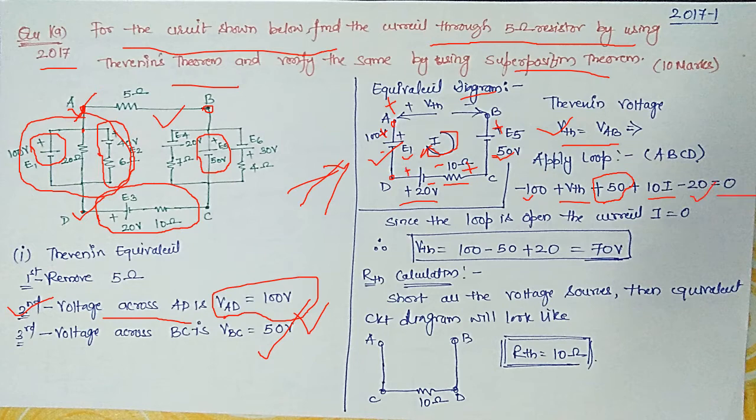Now if you simplify this expression, you will find that the voltage VTH is equal to 100 minus 50 plus 20, which is equal to 70 volts. Now please understand why I am writing current I equal to 0: because your loop is open. If the loop is open, you cannot have current there.